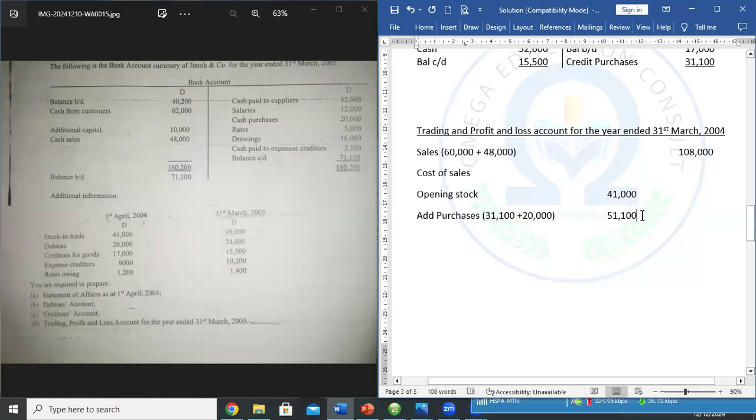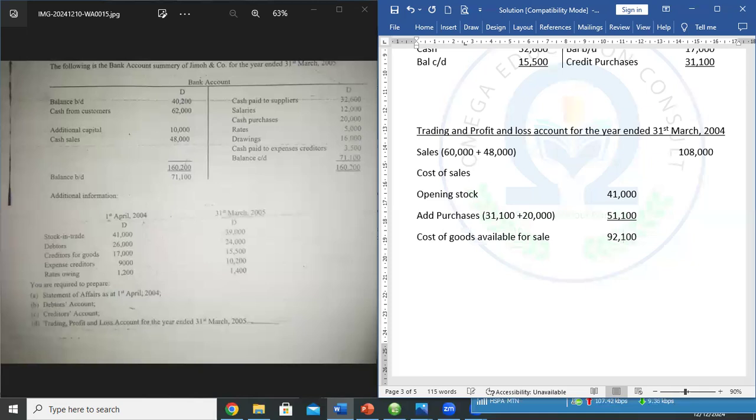We don't have that in this question, so we add together to have our cost of goods available for sale. Please, if you have questions along the line, you prompt me and you ask. So that will be 92,100.